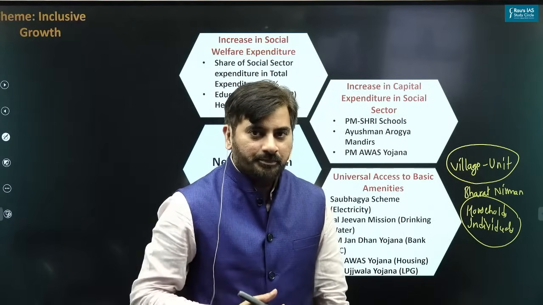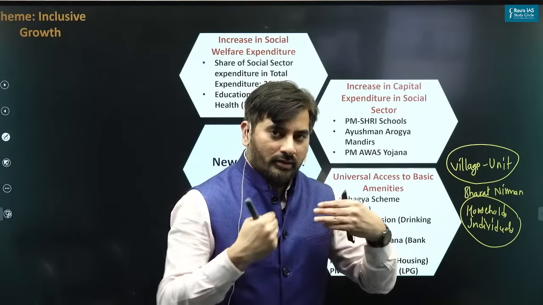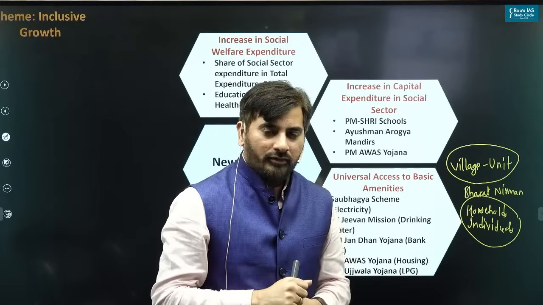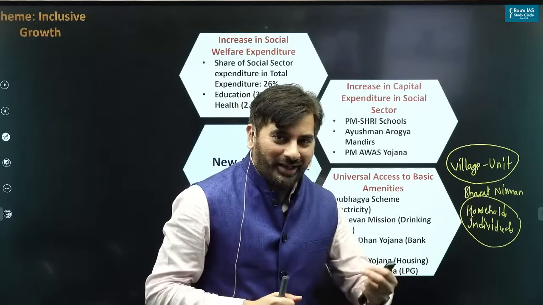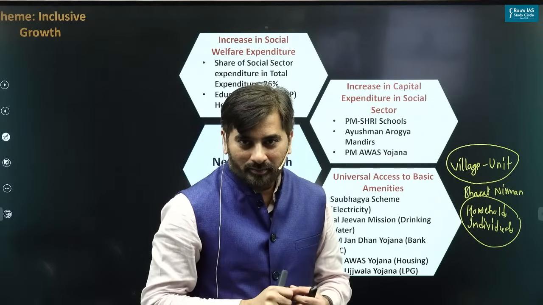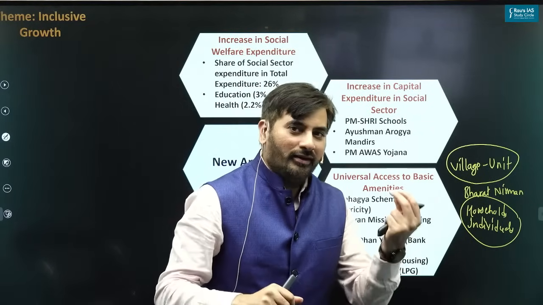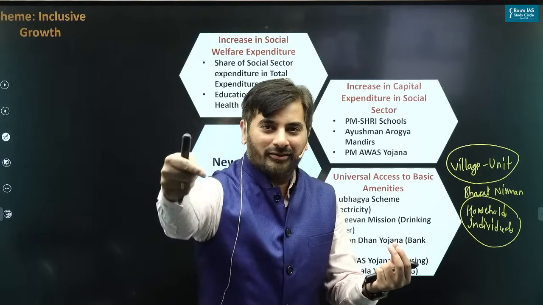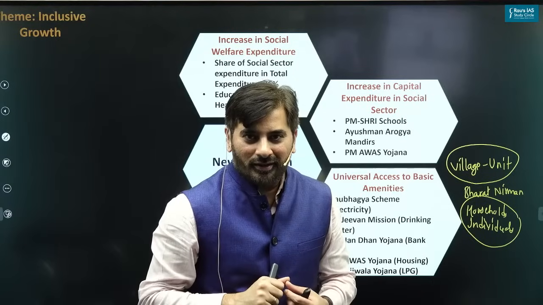Take for example, the village as such may have got connected to the grid of the electricity, but within a village there might be certain households which might not have access to electricity. The village is having drinking water connection, but the drinking water connection has not reached the households, right?